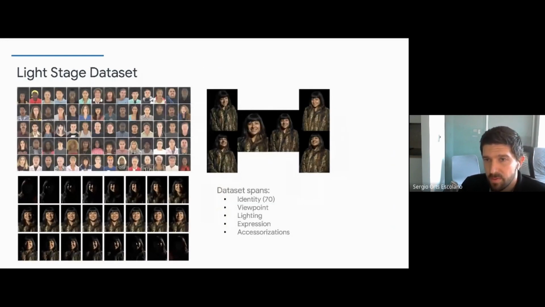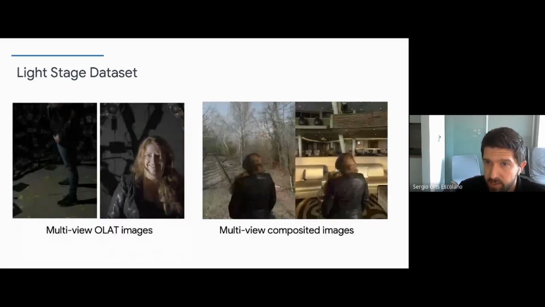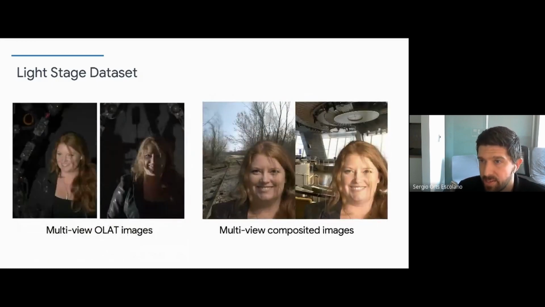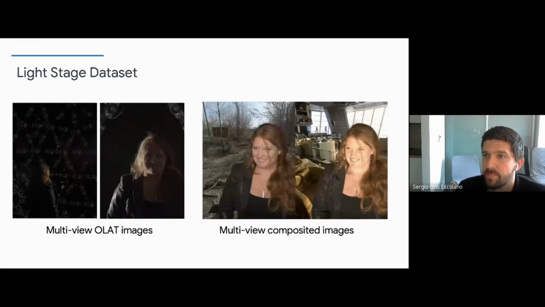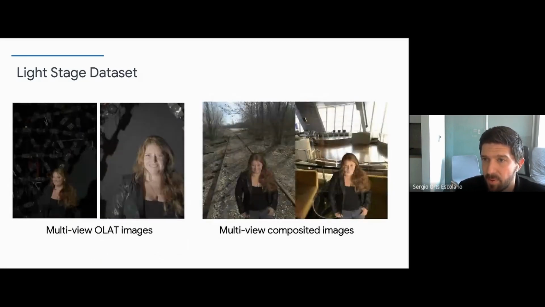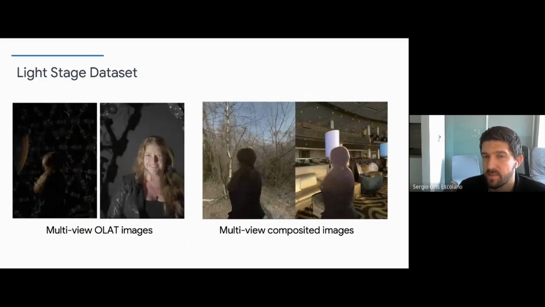To train these modules, we use a large dataset captured at the light stage. This light stage dataset includes images of about 70 people from about 60 camera viewpoints and lit by about 300 lighting directions. Basically, from our OLAT images on the left, we can generate the target relit images, and with the alpha matte, we can composite the subjects into backgrounds extracted from the HDR panoramas, as we can see on the right.